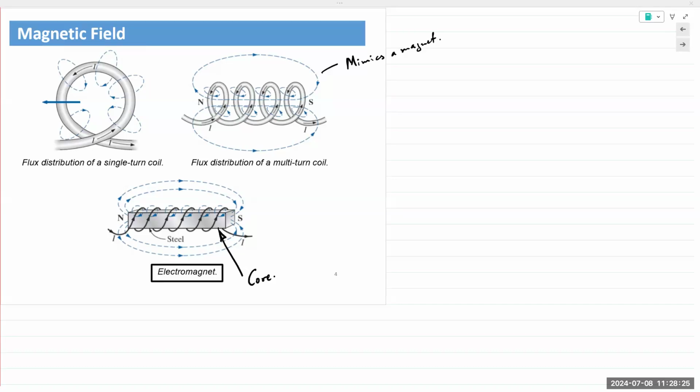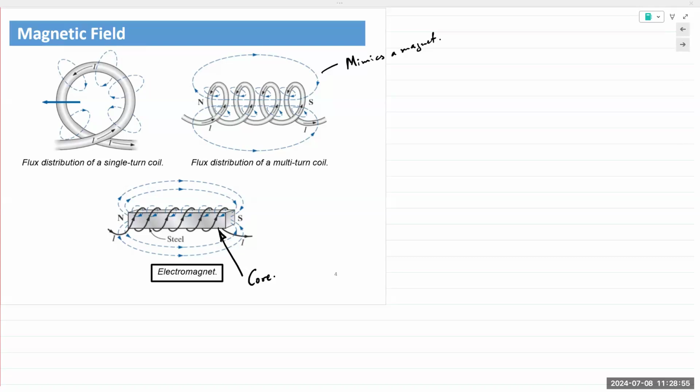So a transformer is two inductors wound tightly around the same core, such that the magnetic fields of both inductors are linked up. Again, there's a lot of technical stuff that goes into that, but that's essentially what it is. Every inductor has a magnetic field, and when you bring them in close proximity, the magnetic fields link up. The energy from one can be transferred to the other.